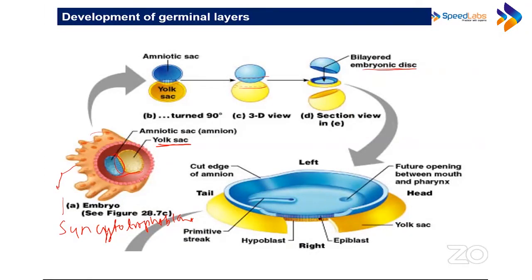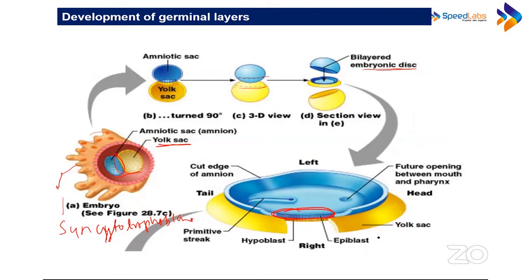Look at the upper and lower layer. This is epiblast. Remember, this is epiblast. And this layer is hypoblast. So what happens in this epiblast is that some invagination takes place.